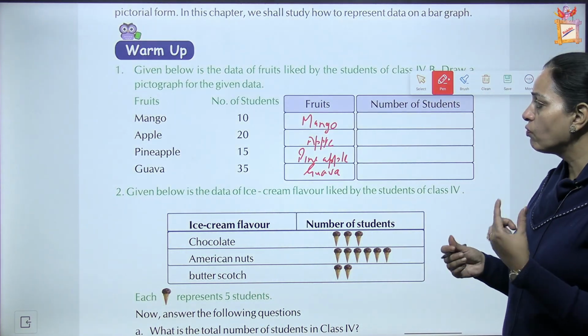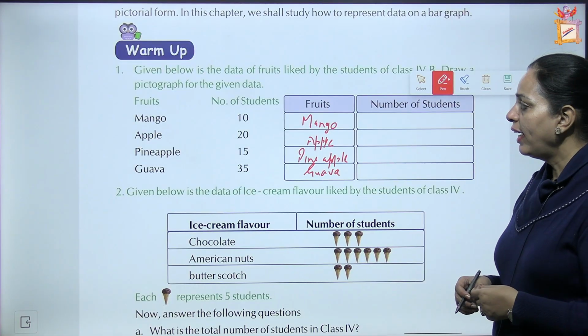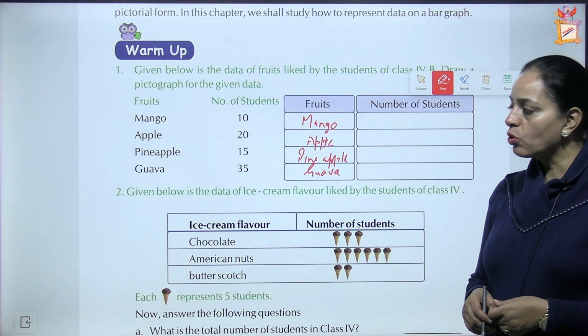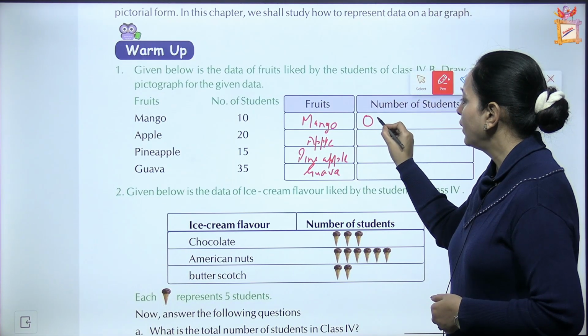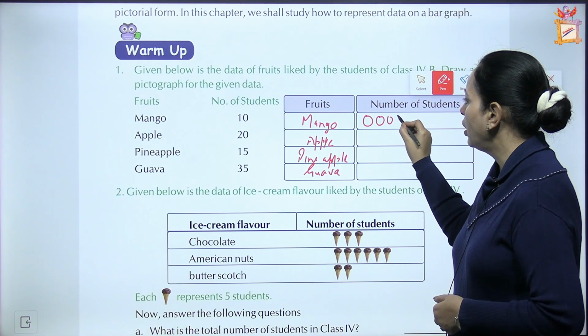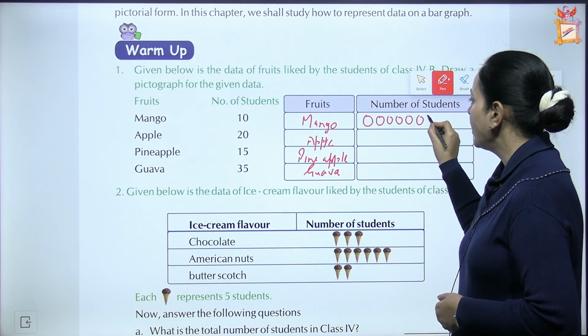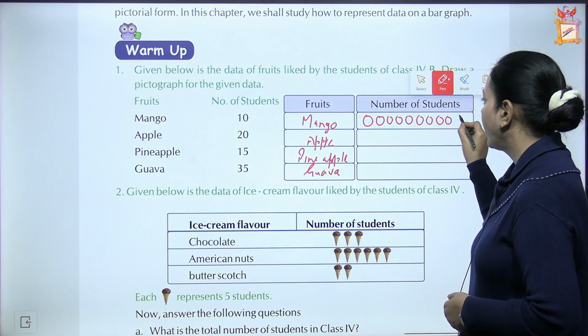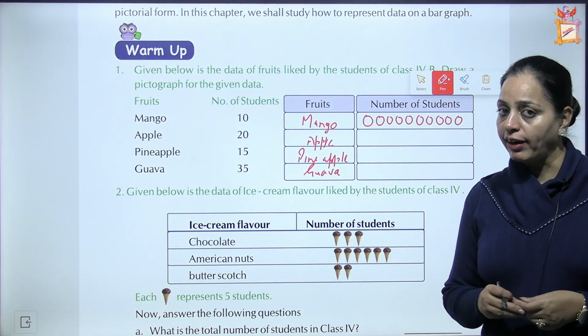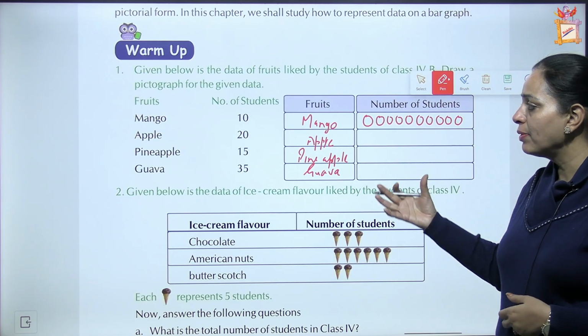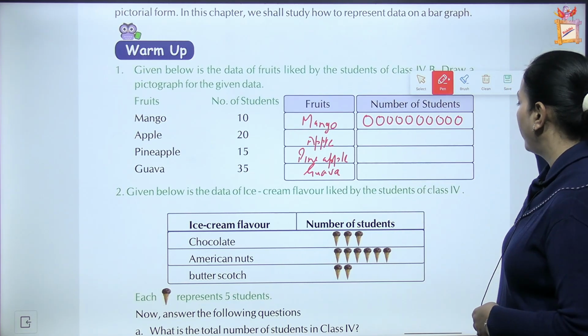So we can choose one picture, like 10 mangoes here. So we can draw like this: 1, 2, 3, 4, 5, 6, 7, 8, 9, 10. You can draw it more attractive. Similarly, you can draw apples, pineapples and guava, right?